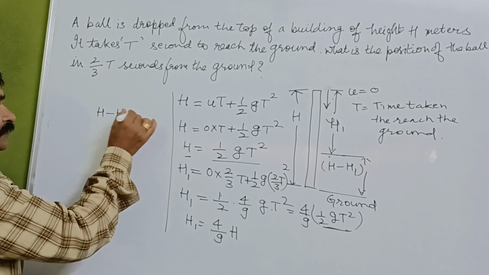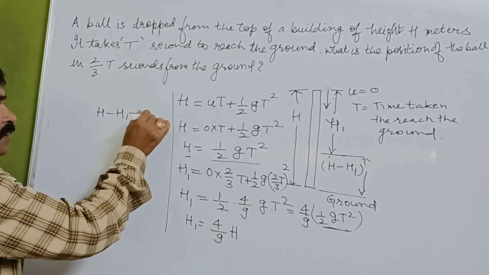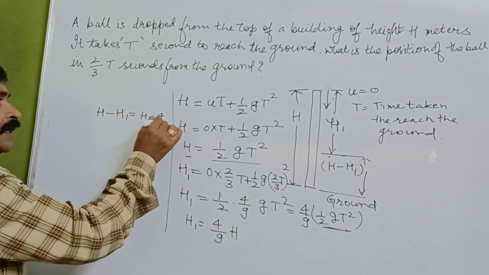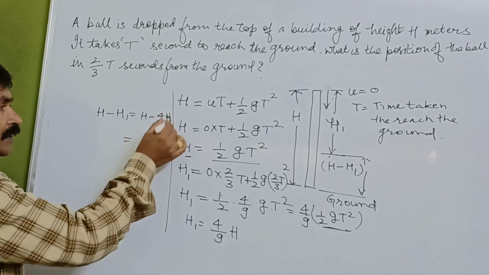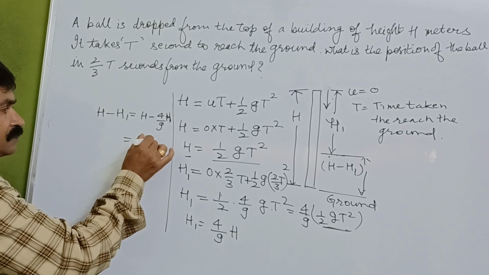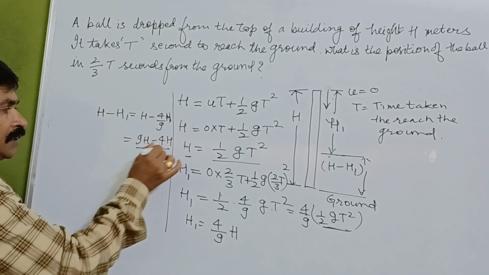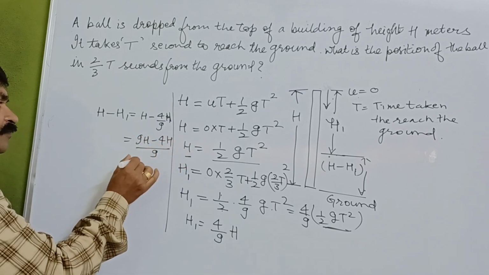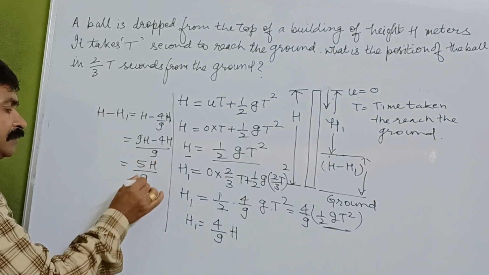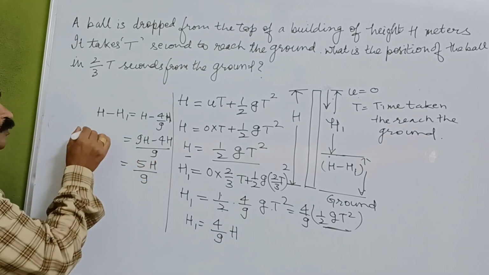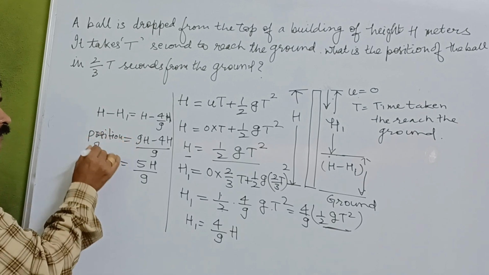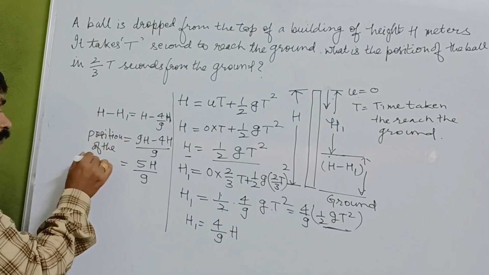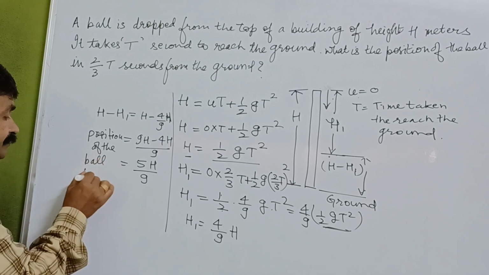So we have h minus 4/9 h, which is 9h minus 4h upon 9, equal to 5h/9. So the position of the ball from the ground is 5h/9.